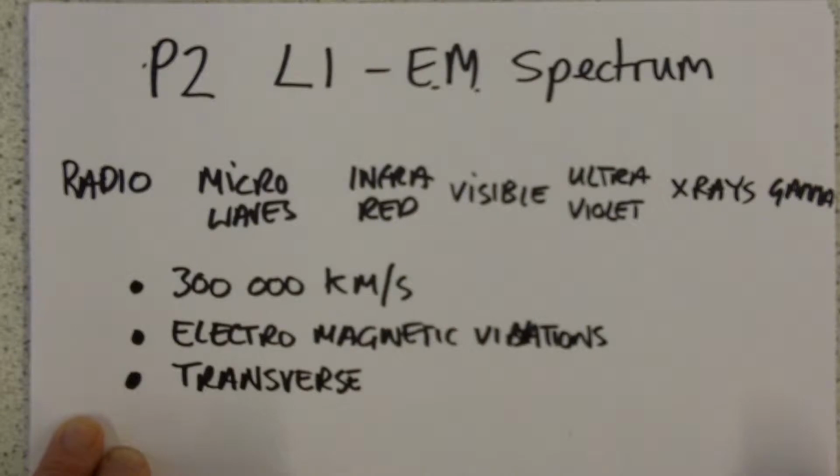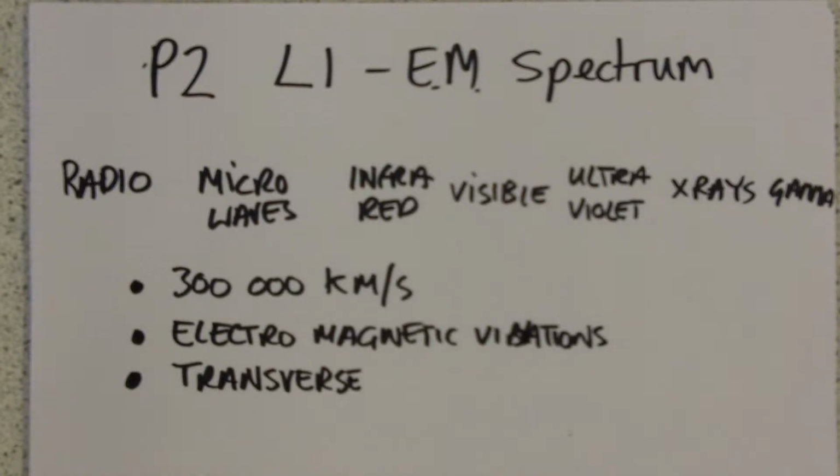We're going to have a look at some of the properties of each part of the EM spectrum and how they're used. Up until now, we've dealt with the idea of energy travelling in waves, where a wave is a way of transferring energy without transferring matter.